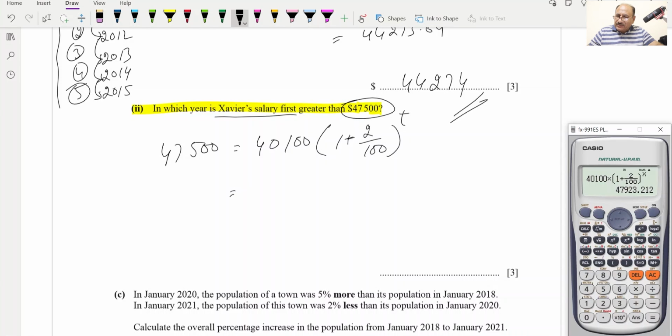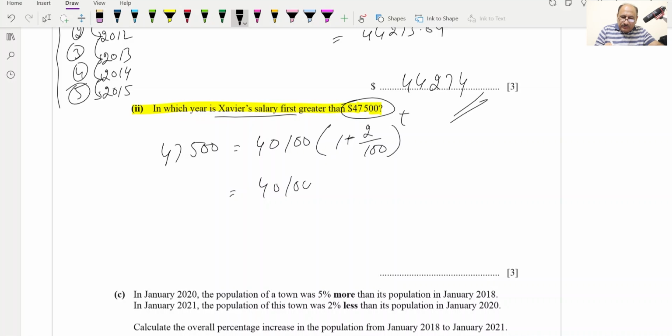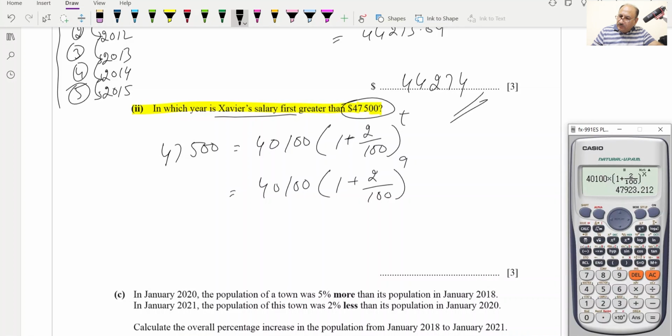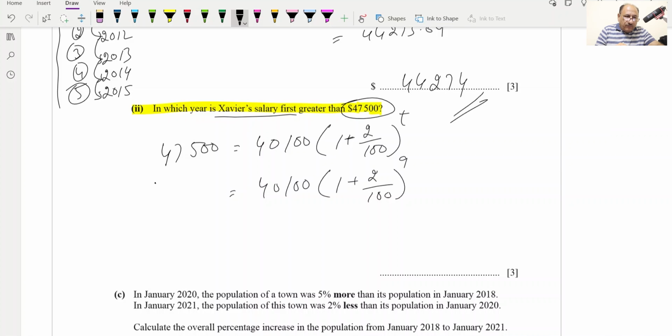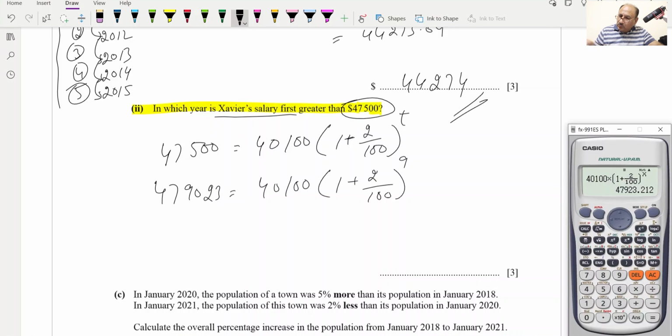So 8 is lesser but 9 is greater, so we can write this as 1 plus 2 over 100. If we take it raised to power 9, the amount will be 479023. So this is what we have checked from here, and the easier way by the use of calculator I have explained to you.